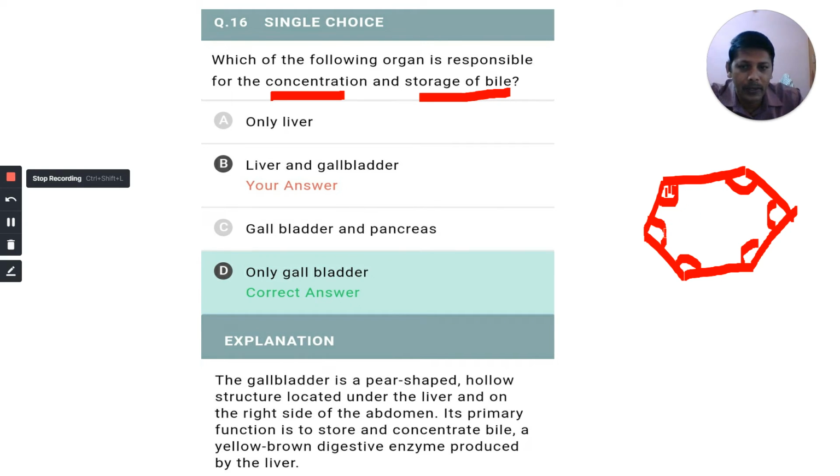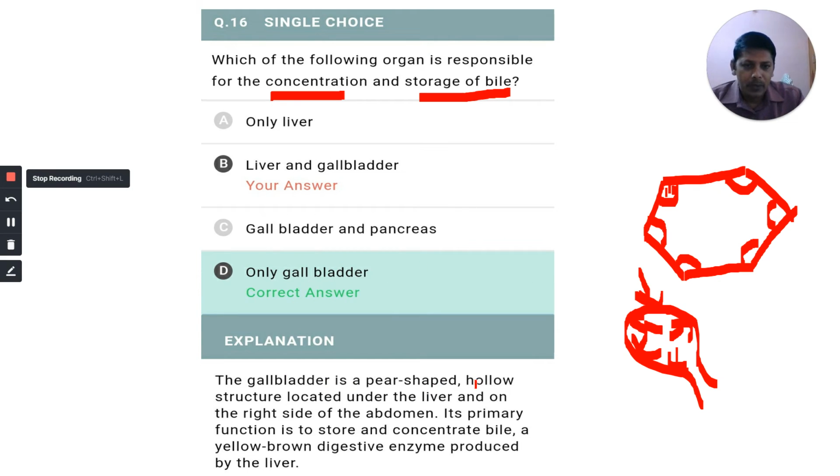These are all present here, and from here the bile goes to the gallbladder, a thin muscular sac, where cholecystokinin causes its contraction. Here bile is concentrated, that means bile becomes very thick. Bile has a lot of water, and that water is reabsorbed here, therefore it becomes very thick.